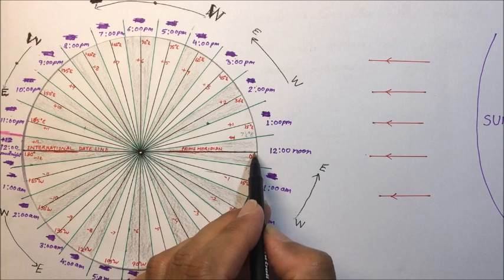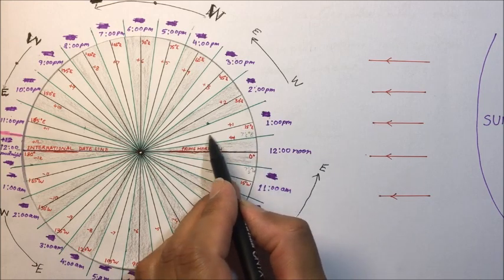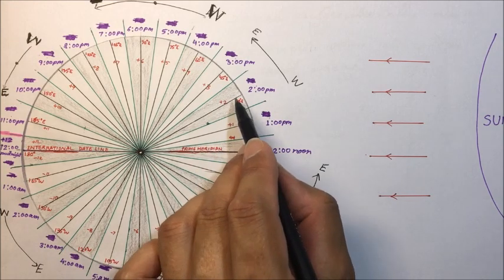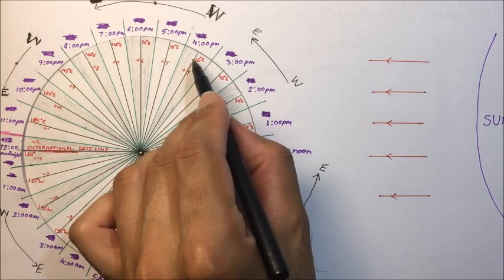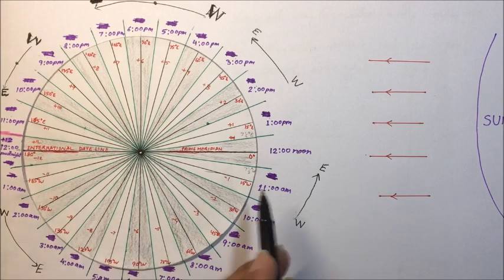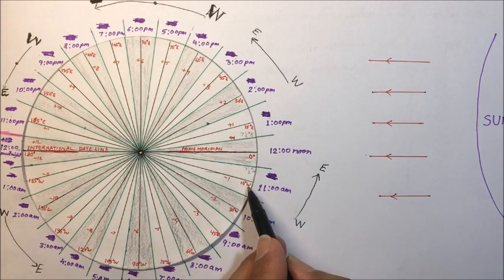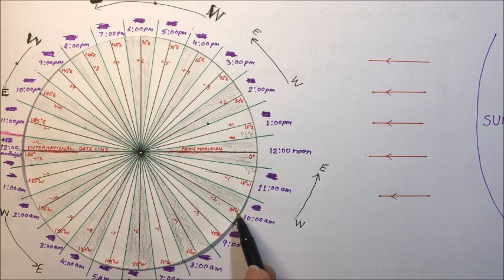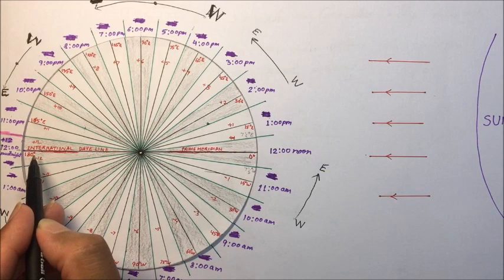0 degree is the prime meridian. Next black line is 15 degree east, 30 degree east, 45 degree east, 60 degree east. Similarly, we are moving towards 180 degree. Westward, 15 degree west, next black line 30 degree west, 45 degree west, 60 degree west, 75 degree west, 90 degree west, similarly up to 180.